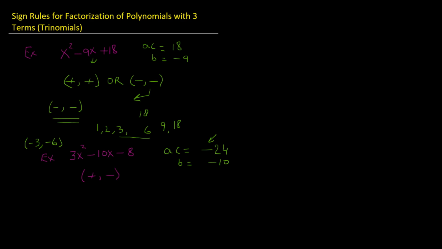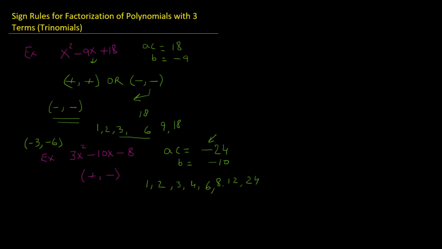Now when this is the case, we are looking at the difference of numbers. So what are the factors of 24? Factors of 24 are 1 into 24, 2 into 12, 3 into 8, and 4 into 6.